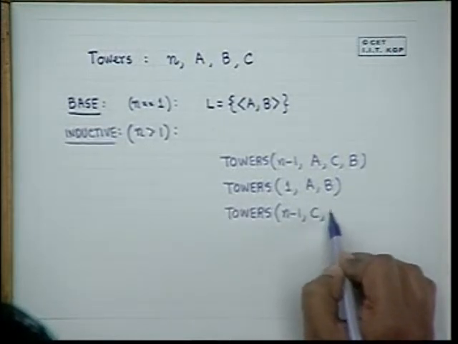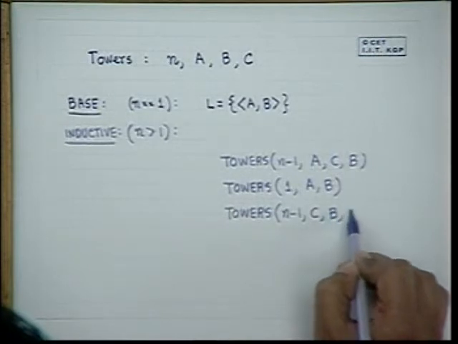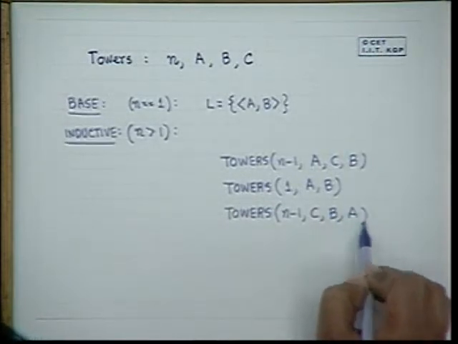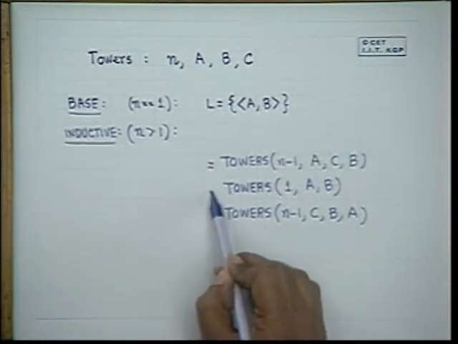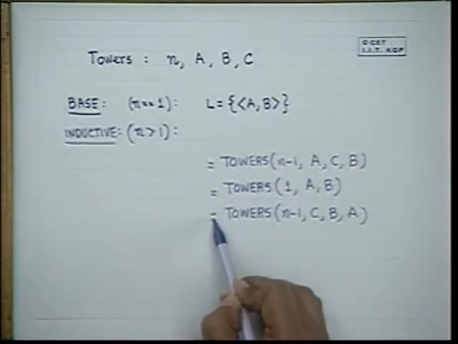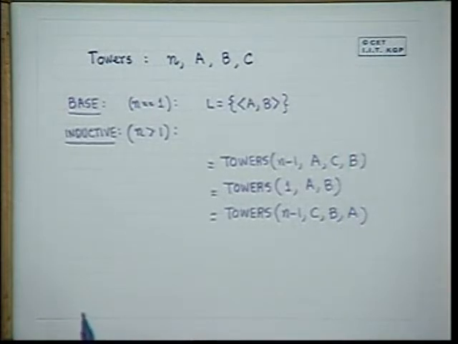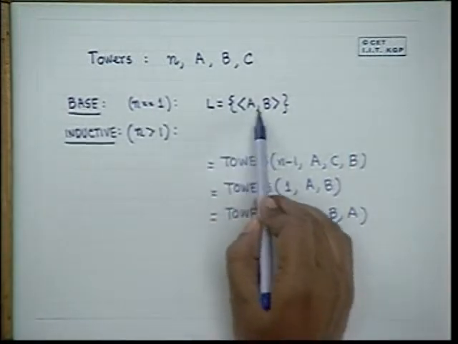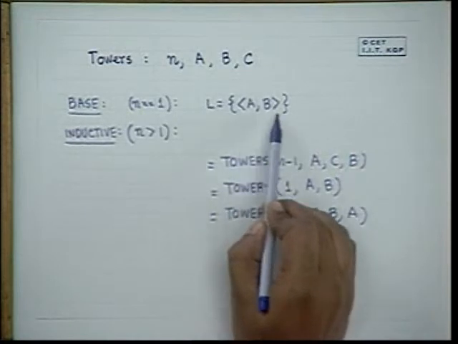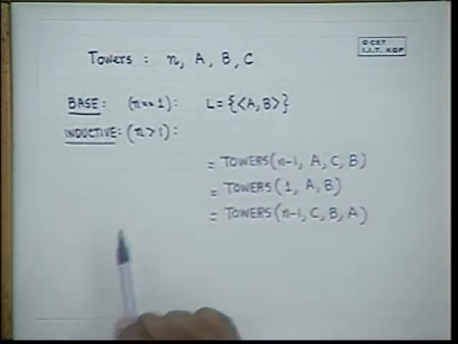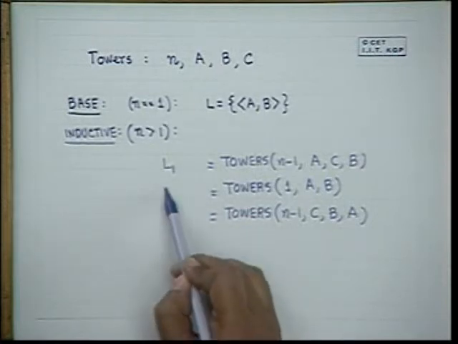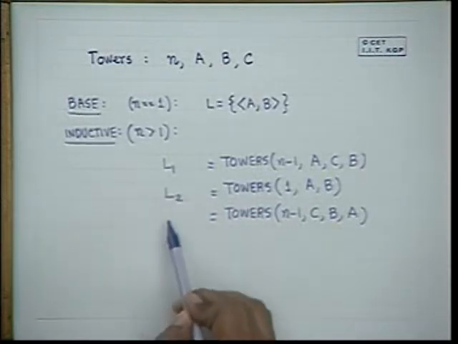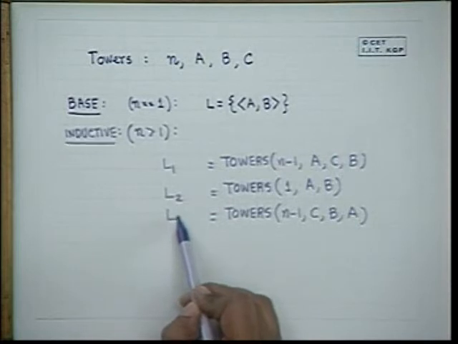Then towers n minus 1, C to B using A. Each of them will be returning something: a set or a list or a sequence of such pairs. So let this return L1, let this return L2, and let this return L3.